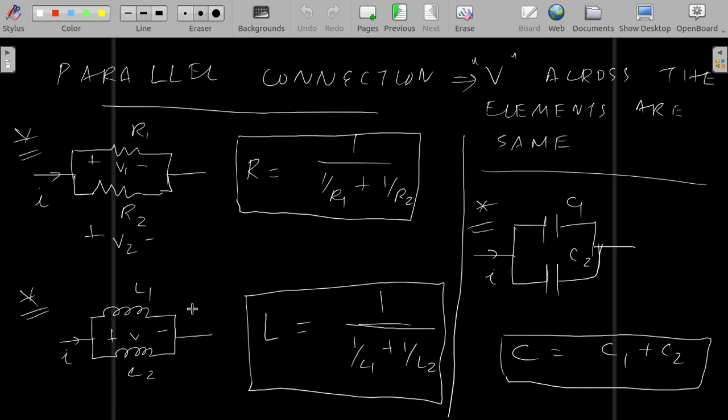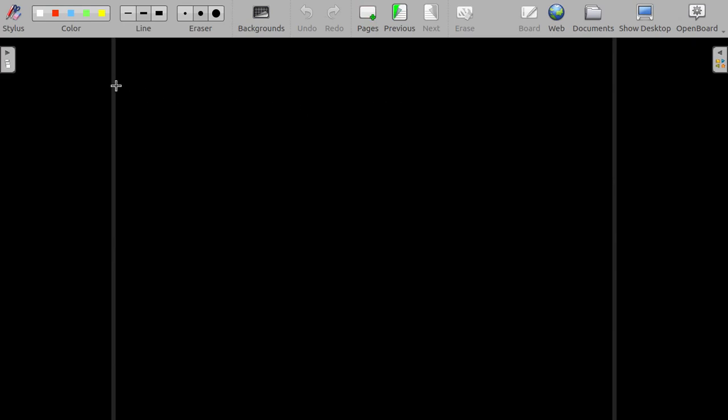The same thing happens for inductors, but for capacitors, the opposite happens. The capacitance just adds up, right?